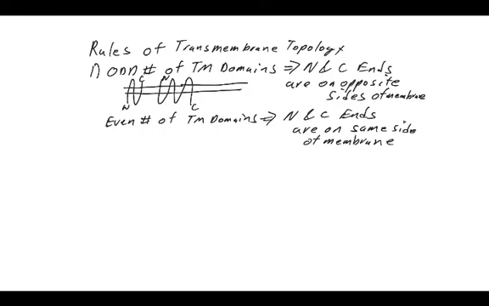So what does that mean? Well, that's one of the reasons that the alkaline phosphatase assay is so powerful. If I know how many transmembrane domains there are, or I have a good idea, and I know where the C terminus is, based on whether the alkaline phosphatase is inside the membrane or outside the vesicle, then I can essentially draw the entire molecule and how it spans the membrane.